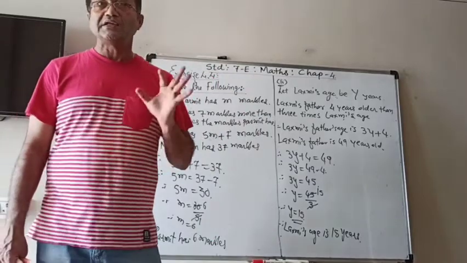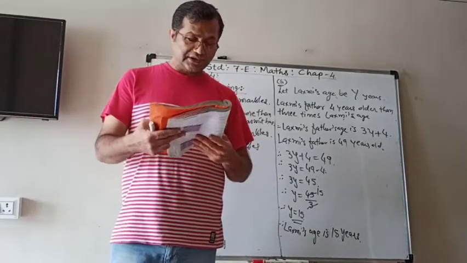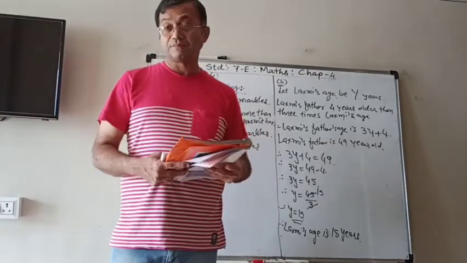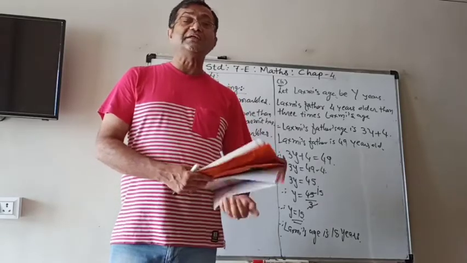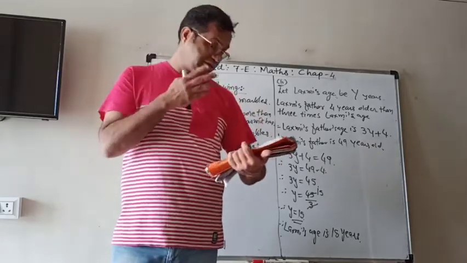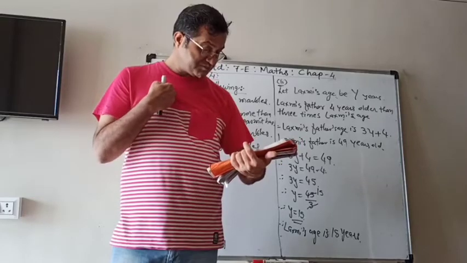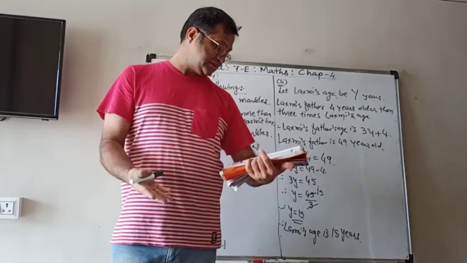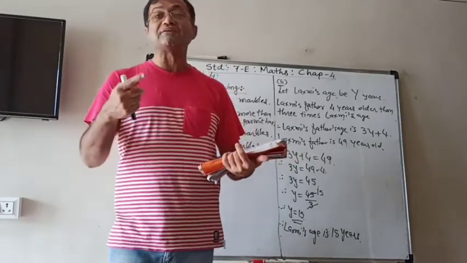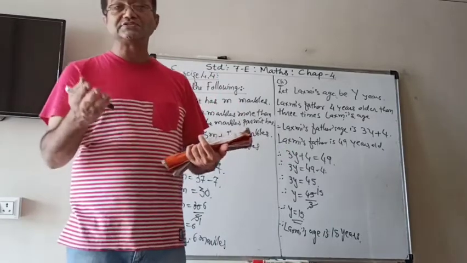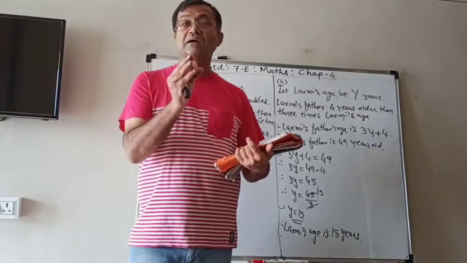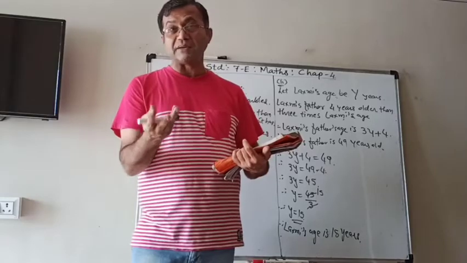And the fourth question is like a riddle, a puzzle. It says that I am a number, tell me my identity, take me 7 times over. It means you have to take a variable and multiply by 7.